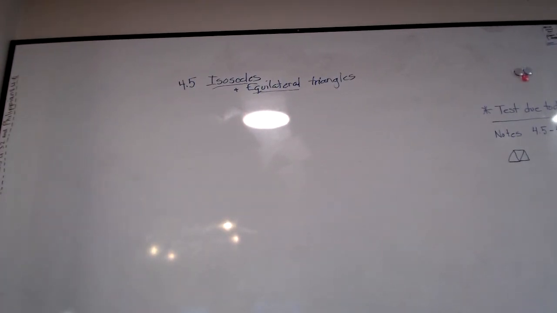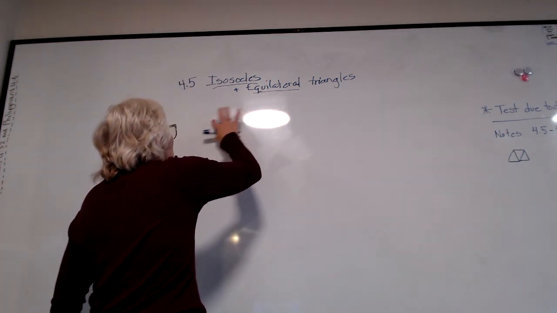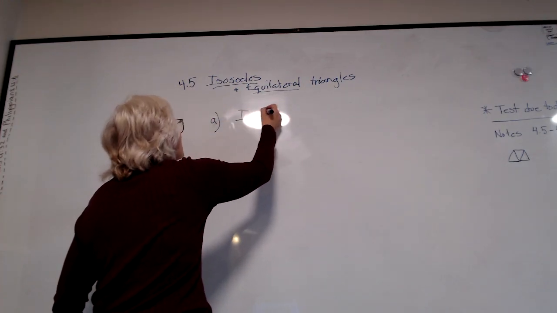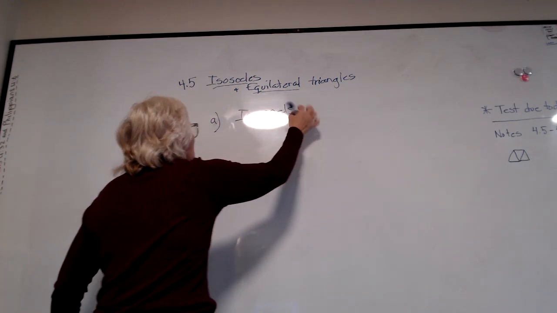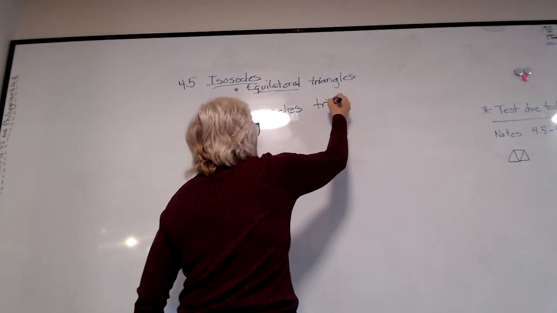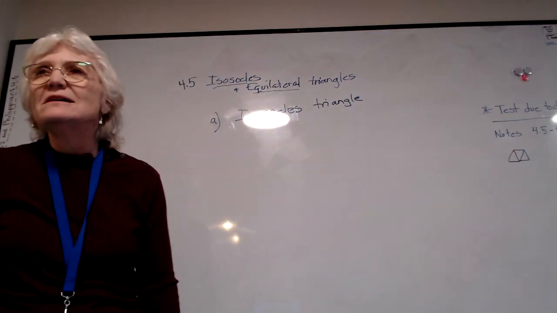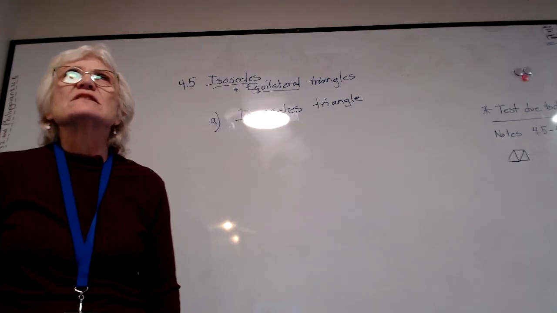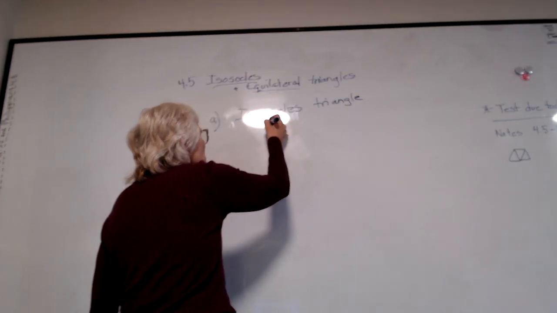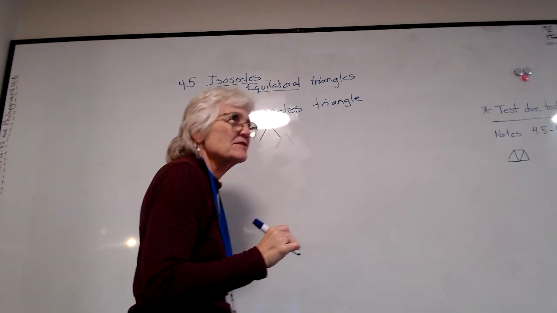Okay, so right now I want everyone to draw an isosceles triangle. I'm going to tell you, when you have an isosceles triangle, it's not always acute, but basically draw it so that your two equal sides are coming down like that.